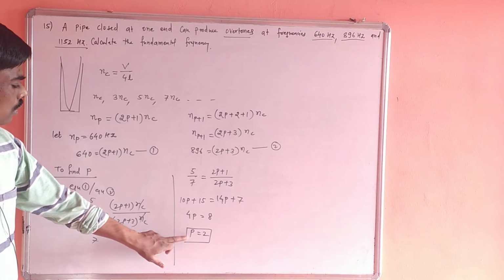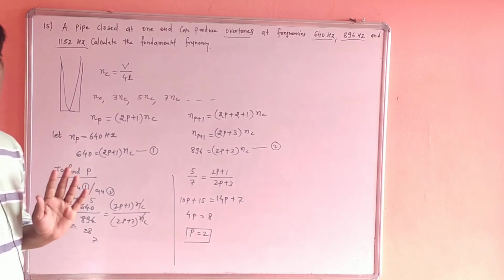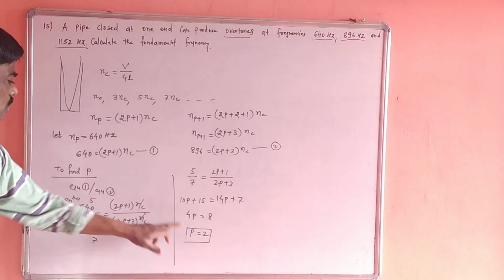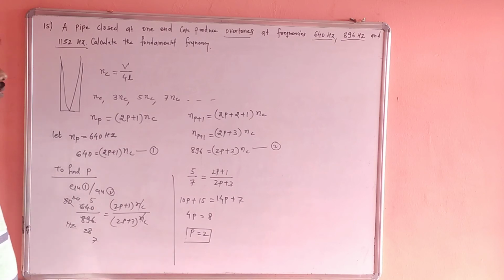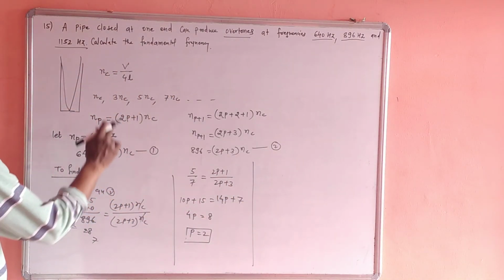So we can substitute the value of P either in equation 1 or in equation 2. If we substitute in equation 1, we can easily find out the fundamental frequency which is required.